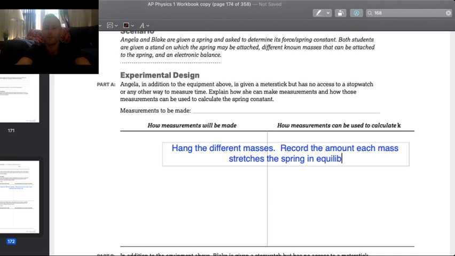That's an important point because equilibrium means when the mass is at rest. Obviously, if the mass is not at rest, it can be stretching the spring by a different amount. According to net force equals ma, if it's in equilibrium, the acceleration is 0.